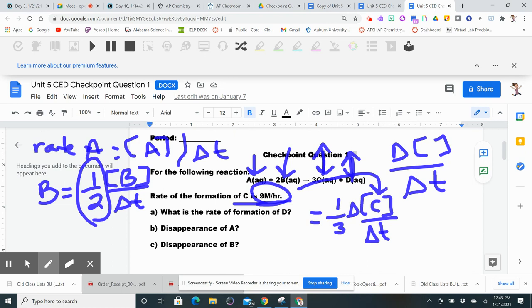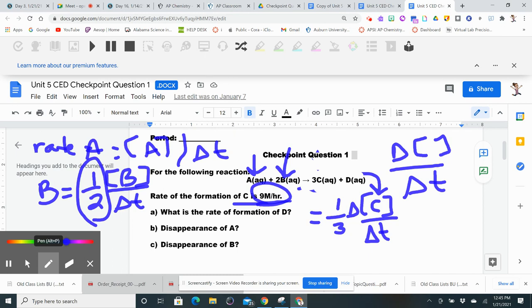And rate of C is the change in concentration over change in time. And C is forming 3 times faster than D, right? Does that make sense? Do we see why I'm saying that? That C forms 3 times faster than D?